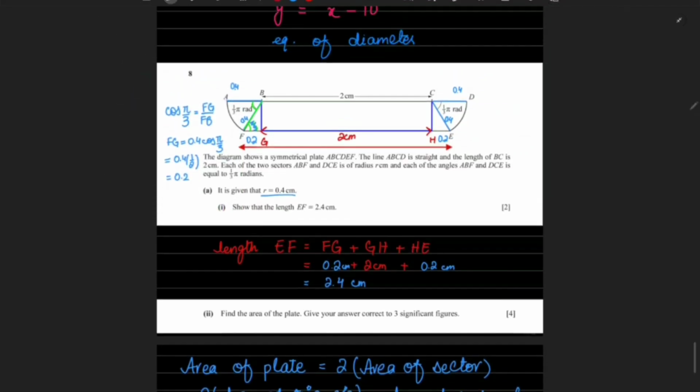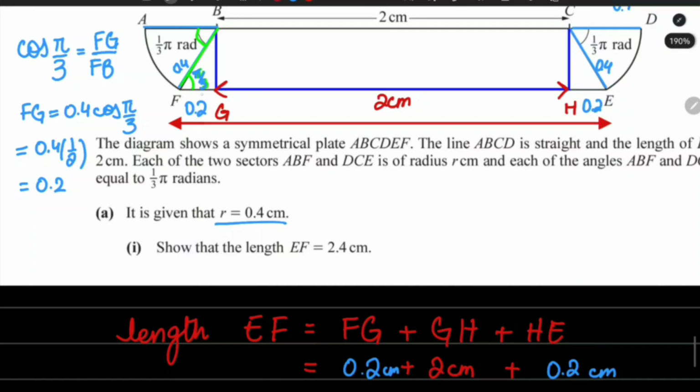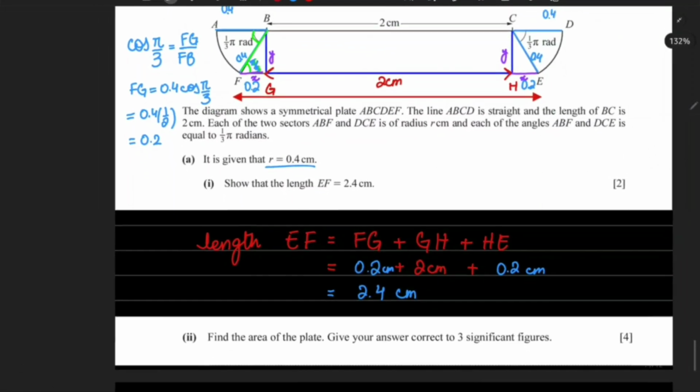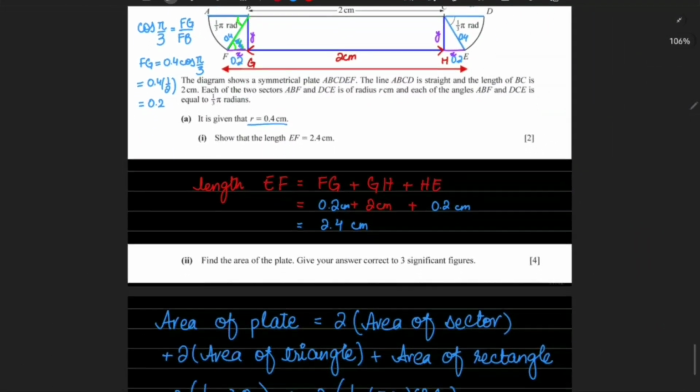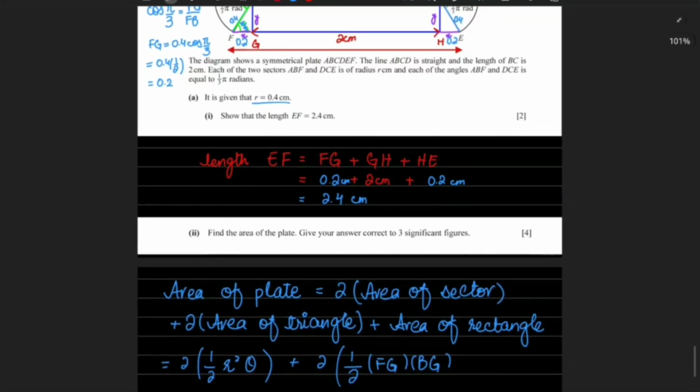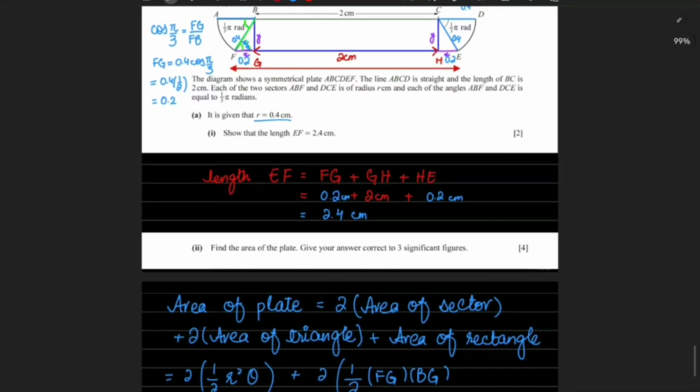Let's take this side to be x on both sides, and this to be y, because we have to find the same. So 2 times FG times PG, or you can write 2 times x times y, to make it easier to understand.